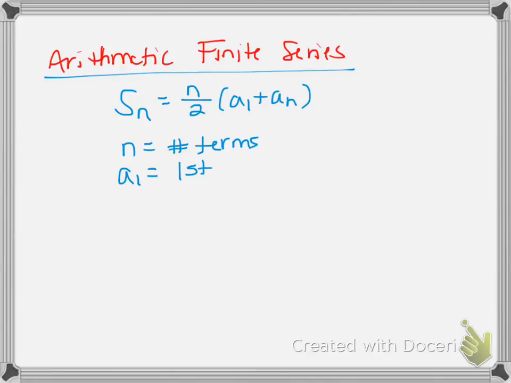A1 is the first term. AN is the last term. If I'm trying to add up 20 terms, AN would be A20, or the 20th term. If I'm going to add up 100 terms, AN would be A100, or the 100th term. Okay? So let's look at some examples of just the arithmetic finite series.